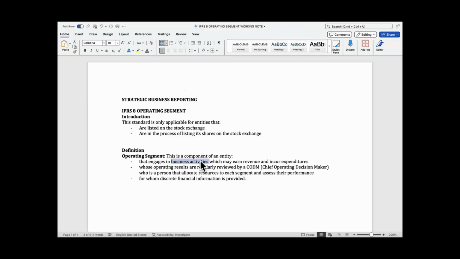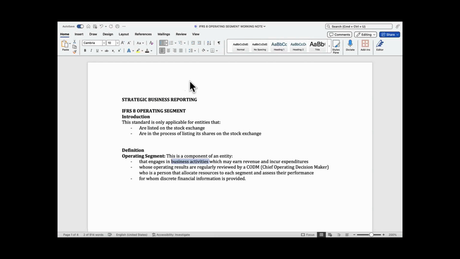If it's carrying out business activities, then it can be seen as an operating segment, except if it is not carrying out any business, like the HR department of an organization. If your head office comprises HR, accounting department, all of those ones that are just running as internal units of the organization that do not impact on the revenue of the company, and they themselves don't make money.